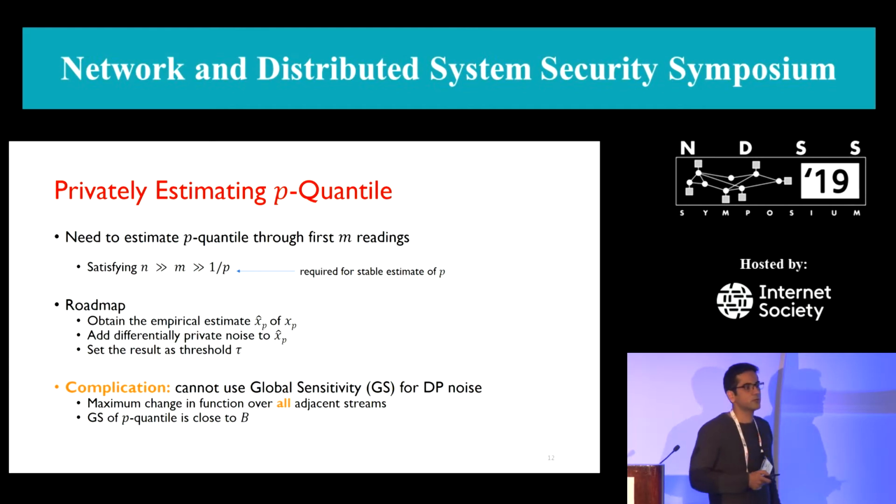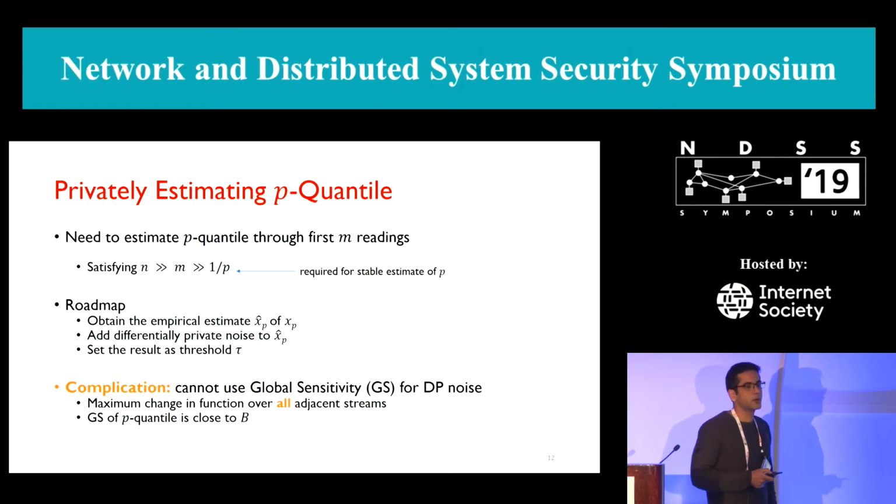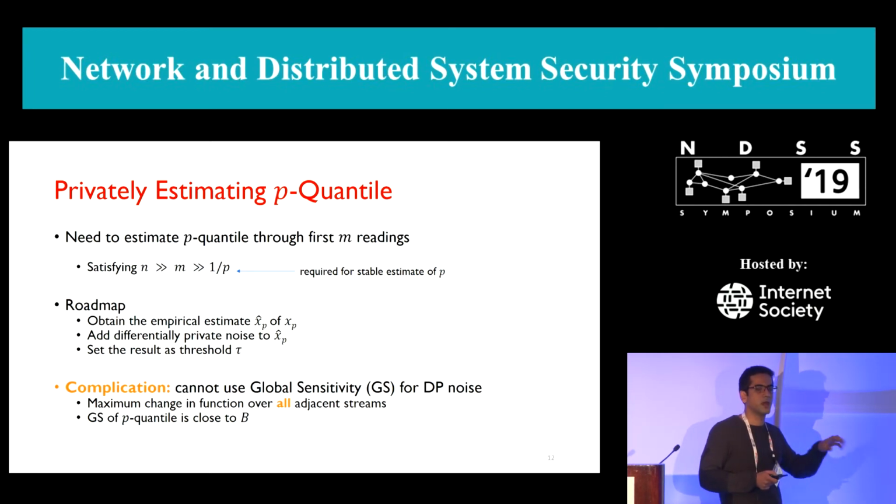So M needs to be well below N. N is the total length of the stream. That's because if we wait too long, then this is not really a continual release of data. And similarly, M needs to be bigger than 1 over p, because that is approximately the number of readings that we need to obtain a stable estimate of the p-Quantile.